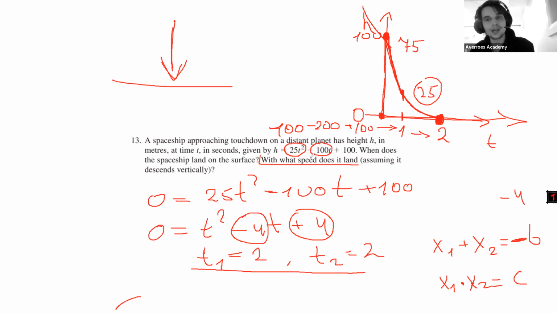And from this graph, we can say that by the moment the spaceship touches the ground, it decelerates its speed to 0. So the moment when it touches the ground, its vertical speed is equal to 0. And this you would get if you take the instantaneous rate of change at point 2. You see? This is the answer that you would get by taking the instantaneous rate of change.